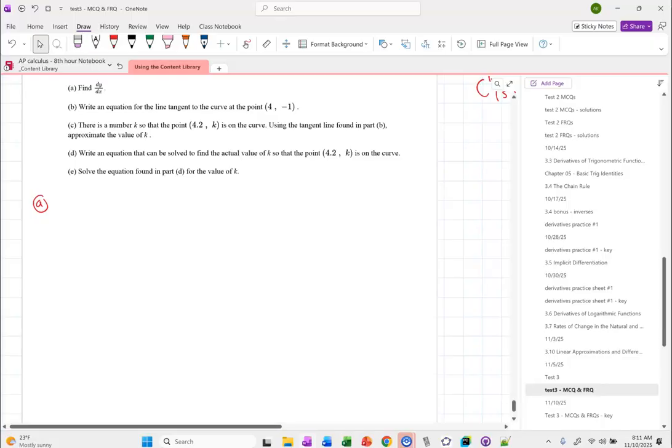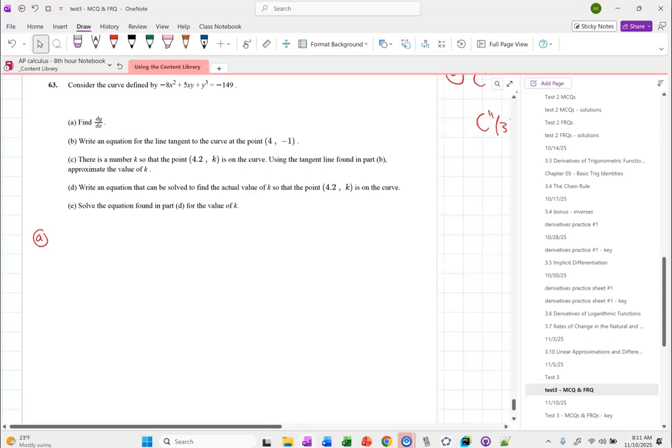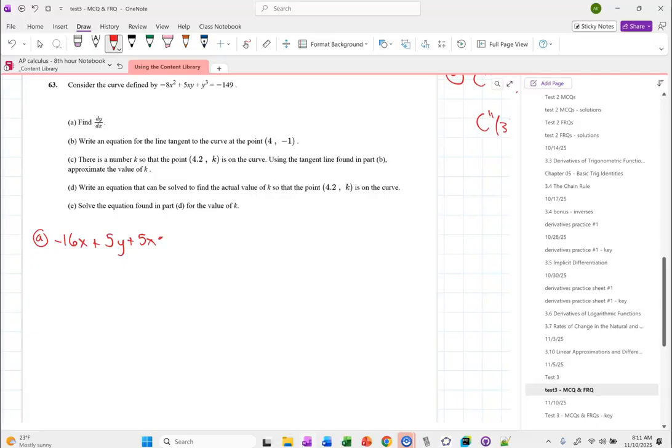Okay, what do I need to do to find the derivative? Take the derivative of both sides, right? Excellent. Any questions on how Anthony got there?